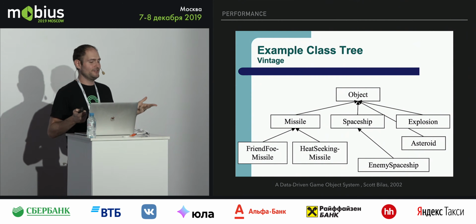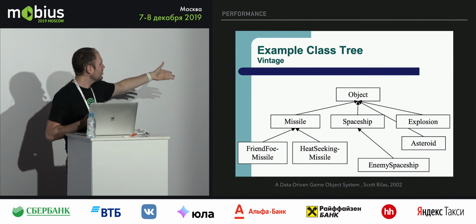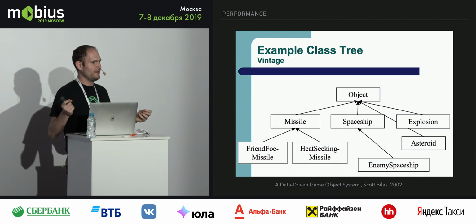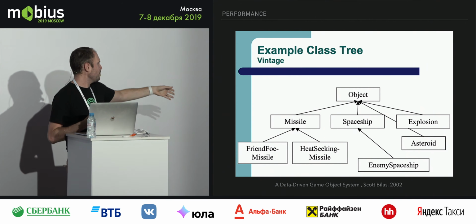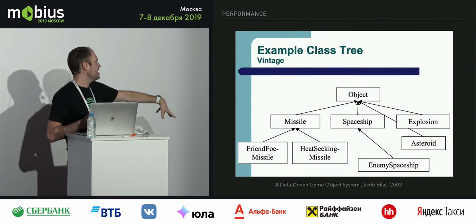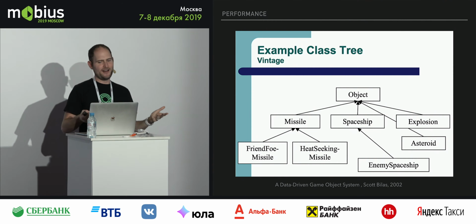And if you're used to object-oriented programming, of course, the solution in game development originally was object inheritance. And in early game development, when they were trying out OO, they would run into, well, we have these missile objects. Well, we have different types of missiles in our game, so let's subclass there. We have different types of spaceships, and you have a very deep hierarchy.